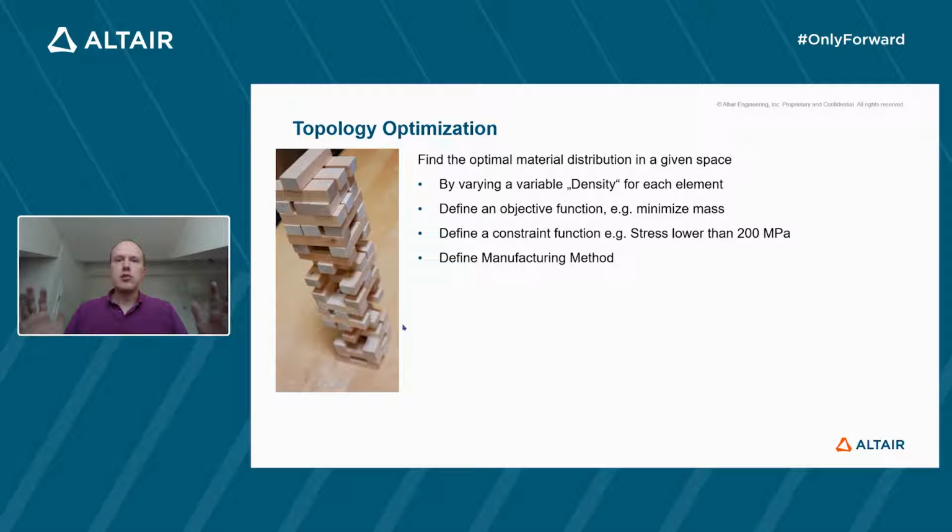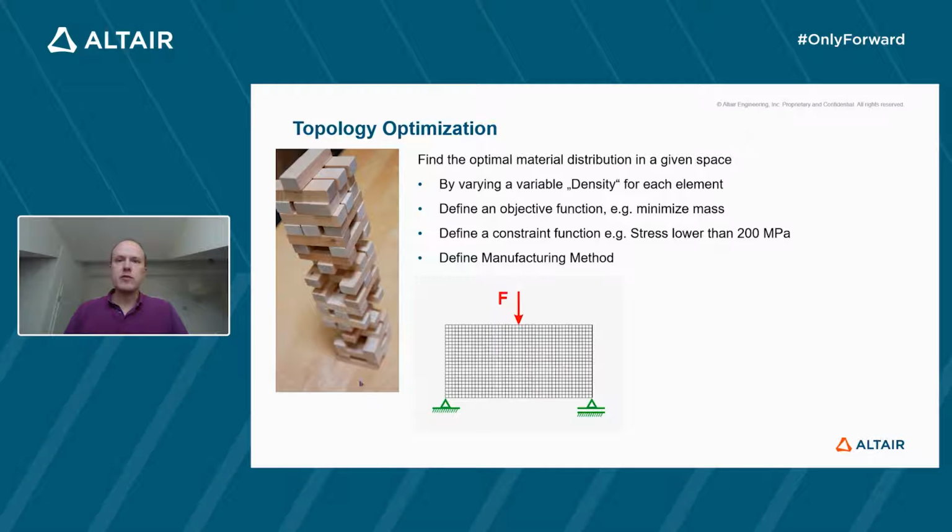From there, you remove elements, or, as given in the picture on the left, wooden blocks from your structure until you reach a certain goal and a certain constraint. For example, you remove single elements from this block until you find a minimum weight, minimum mass solution, but one still allowed to carry the stresses or the displacements and strains that occur.